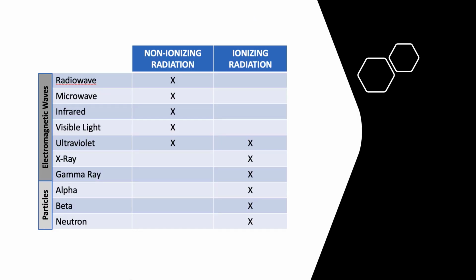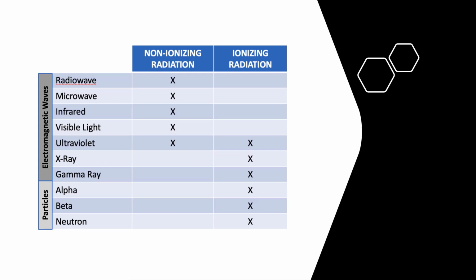We'll now look at the electromagnetic wavelengths of the electromagnetic spectrum and particles that comprise ionizing radiation and non-ionizing radiation. Part of the electromagnetic spectrum are radio waves, microwaves, infrared, visible light, ultraviolet.